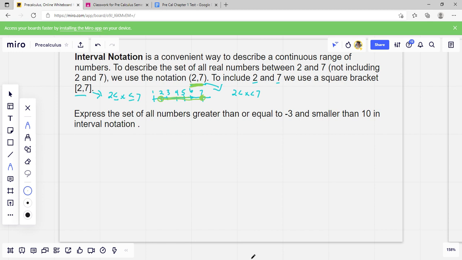It's everything in between 2 and 7. And then the other one would include the 2 and the 7, so those would be filled in circles.